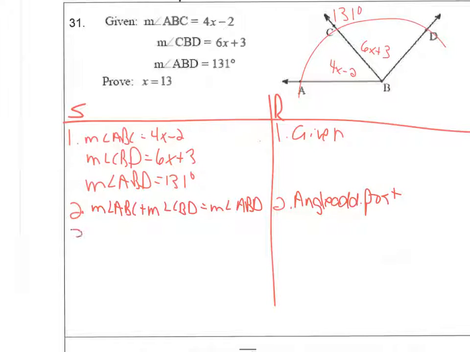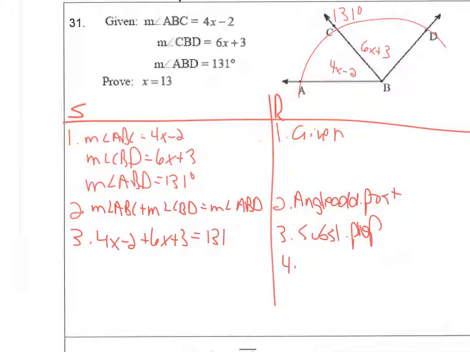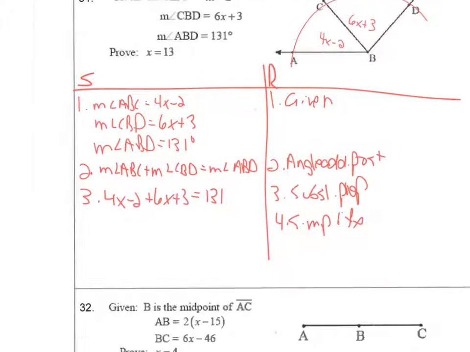And then the rest is pretty easy. The next one that I would put in there, 4x minus 2 plus 6x plus 3 equals 131. And of course, that would be substitution. And then you would probably, it looks like, simplify. And I'm going to leave it there. Remember, your point is to get to the end where x equals 13. If you combine like terms and solve, that's what you get.